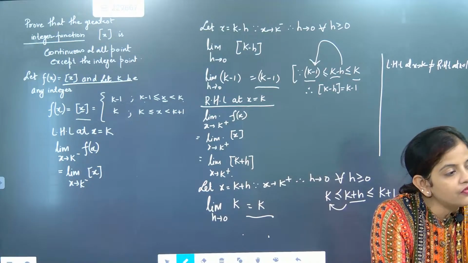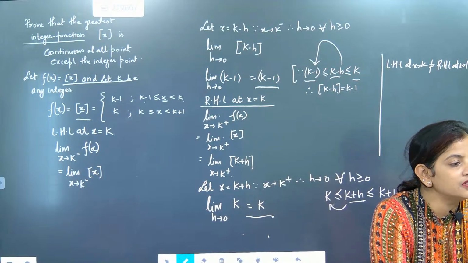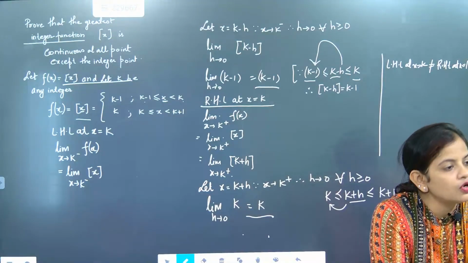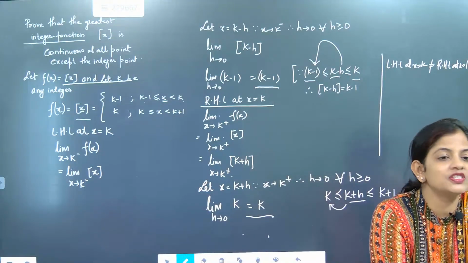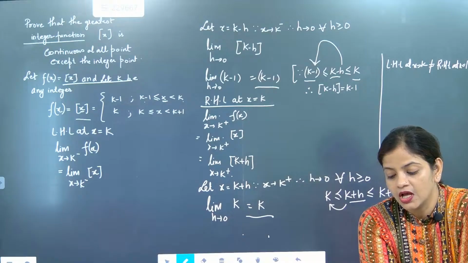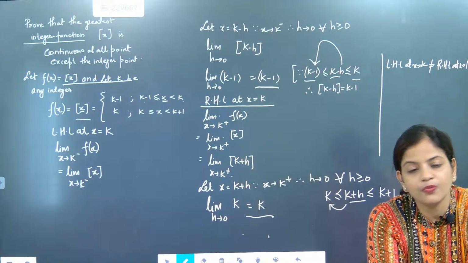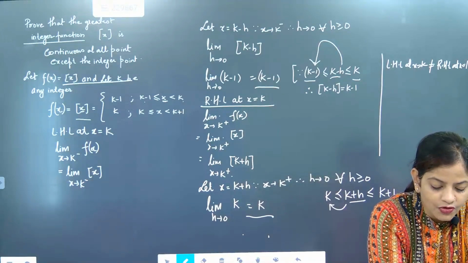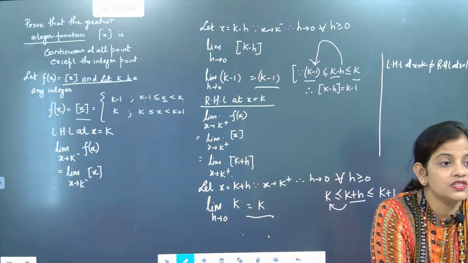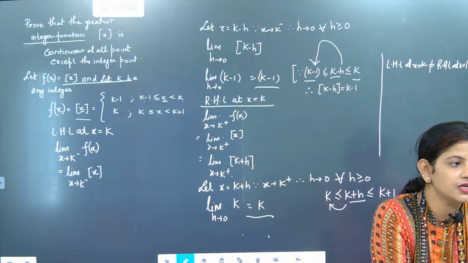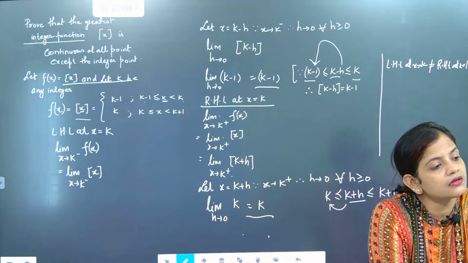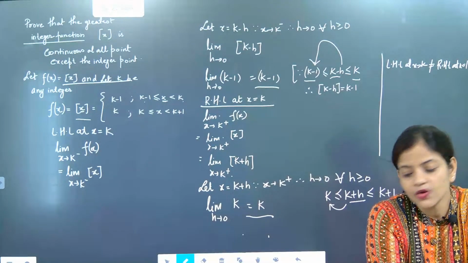So what we have come to consider is that f of x is not going to be continuous. Specifically, it is dealing with integers. So for an integer point, it is not going to be continuous. Now we will go for what, beta? We will take real numbers. This is a case of integers. For integers, what did you learn right now?